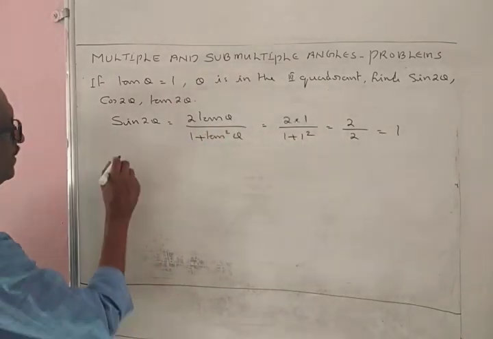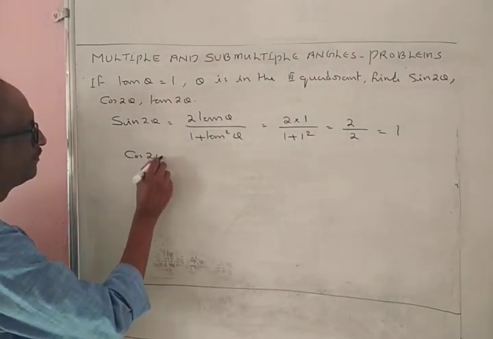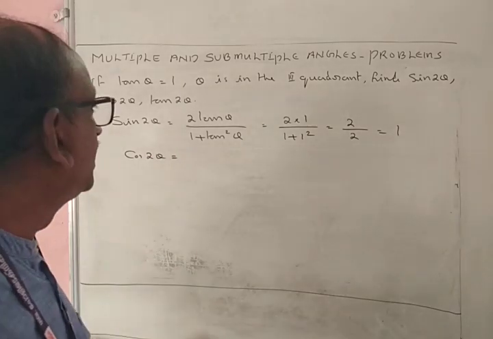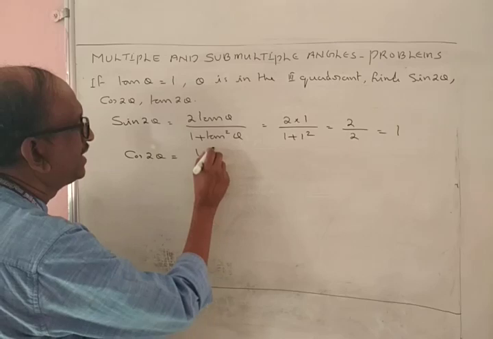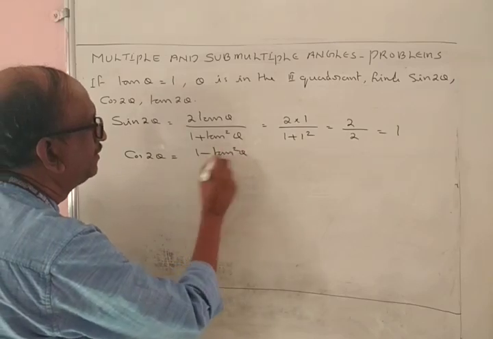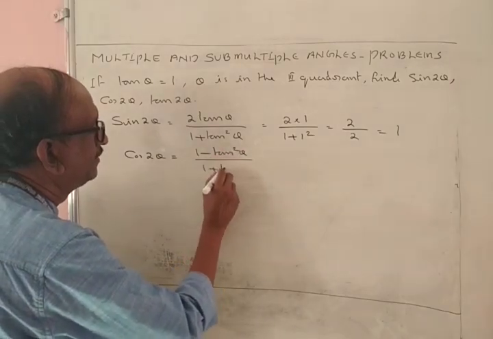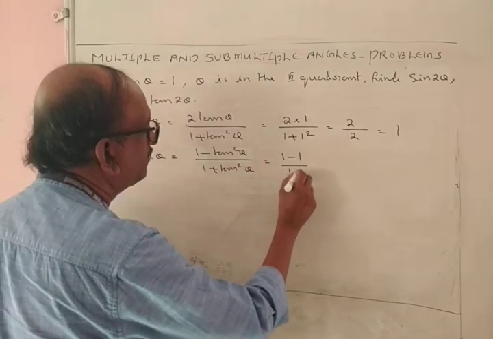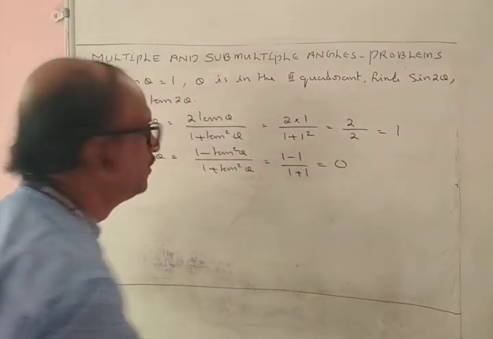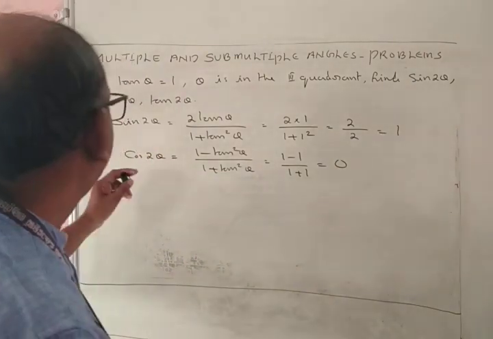Next cos 2 theta is equal to 1 minus tan squared theta by 1 plus tan squared theta, 1 minus 1 by 1 plus 1, 0. Cos 2 theta is 0.